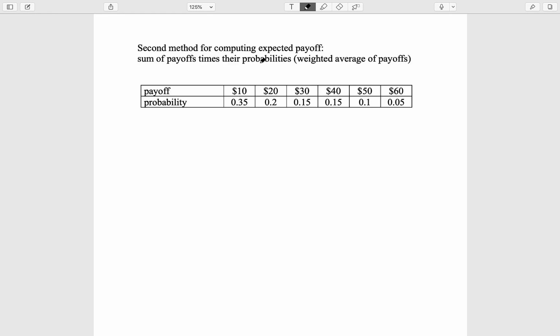By the second method for computing expected value, we relentlessly multiply payoff times probability of obtaining that payoff. We are finding the weighted average of the payoffs, where each payoff is weighted by its probability. So, $10 times 0.35 plus $20 times 0.2 plus $30 times 0.15.